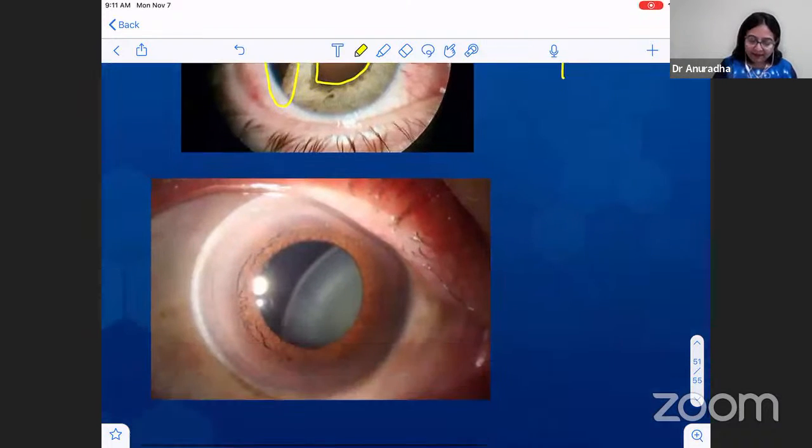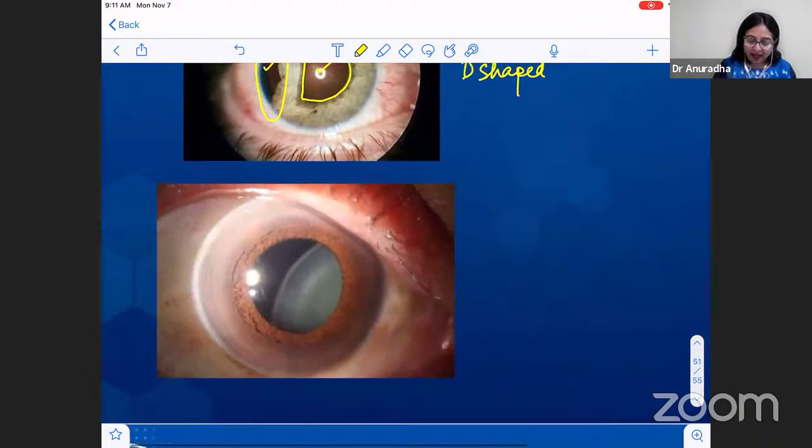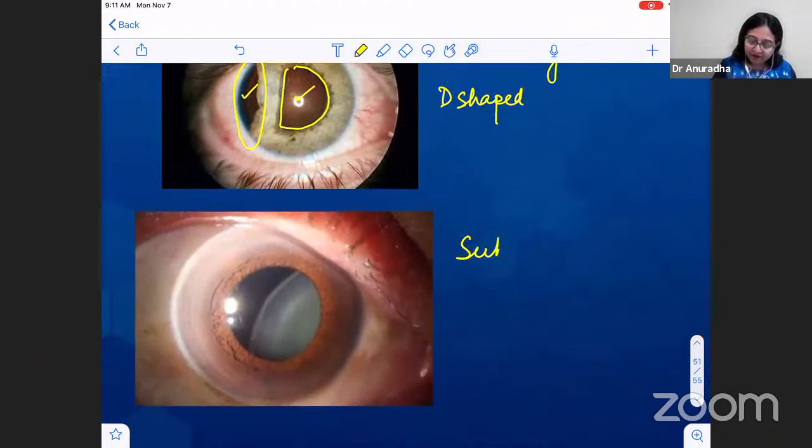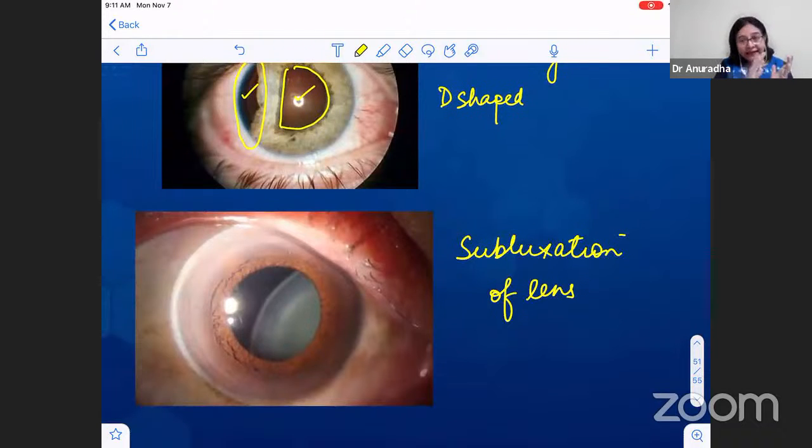Okay. Then the patient can also have subluxation of the lens, where the lens gets displaced because of the trauma. Partly the lens is in the pupil area. So this part has lens, this part has no lens.